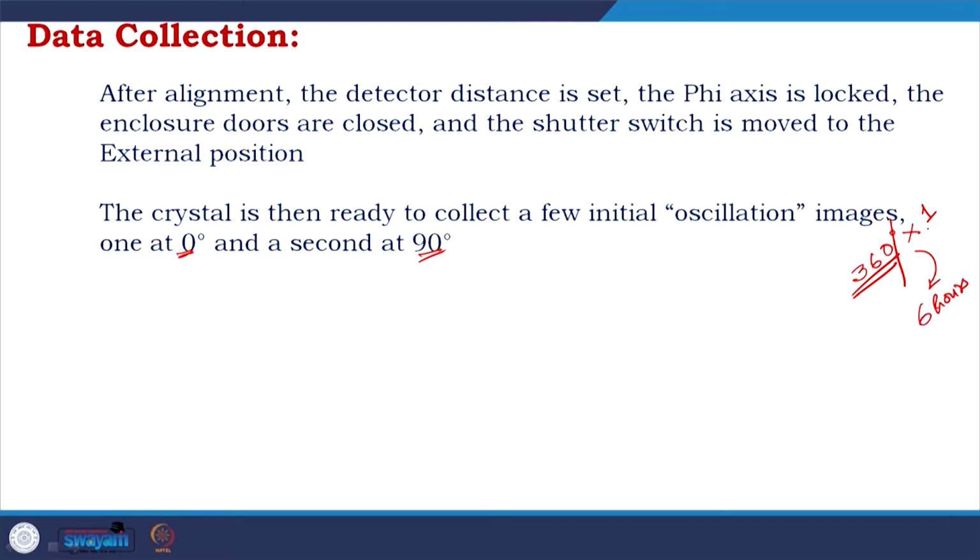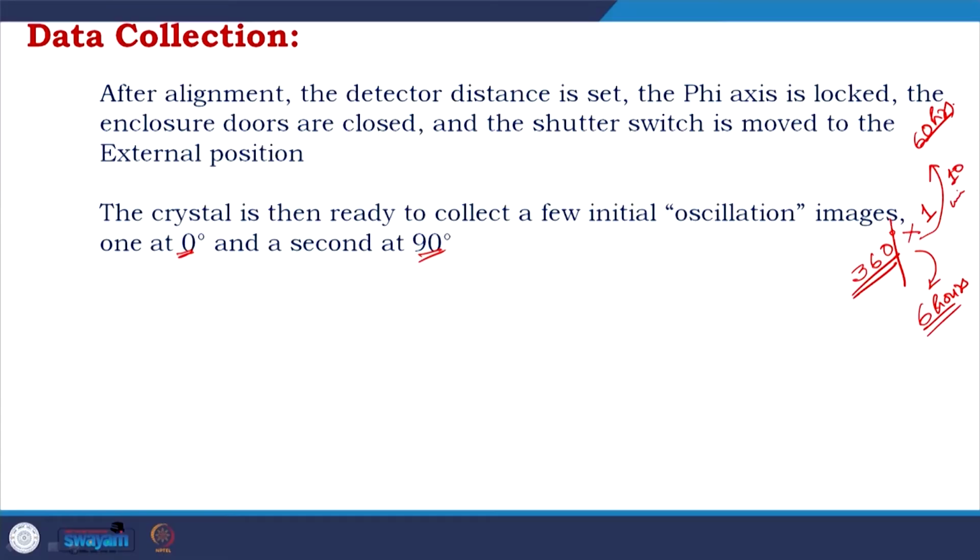If you choose 10 minutes, that is 60 hours. So, there is a difference of 6 hours to 60 hours just by changing the exposure time from 1 minute to 10 minutes. That is why it is very critical to initially do as much optimization as possible. So, we collect one at 0 degree and a second at 90 degree.